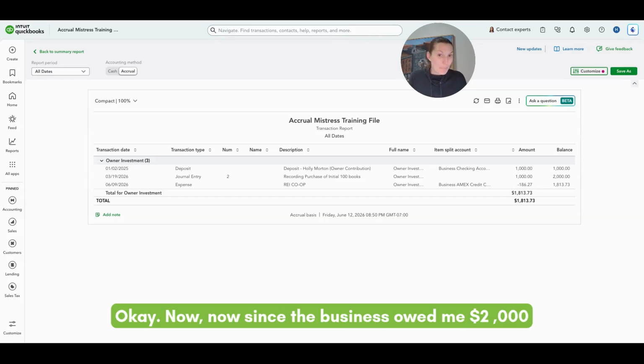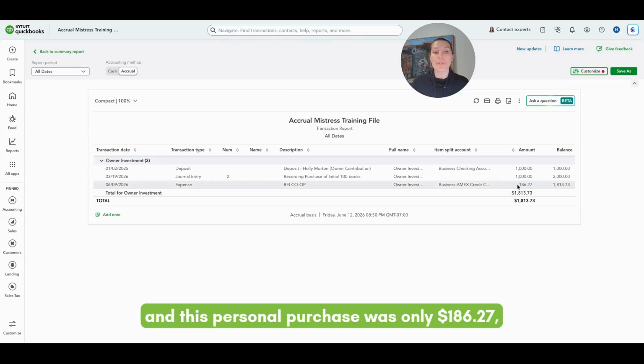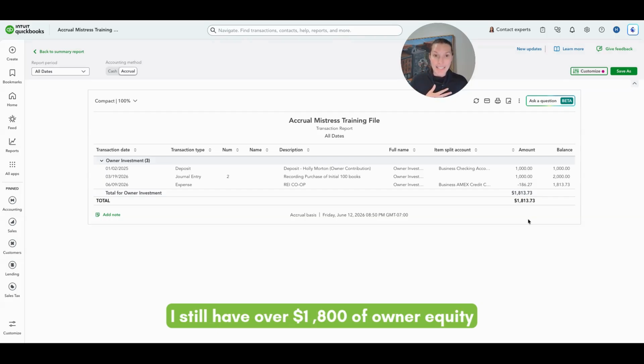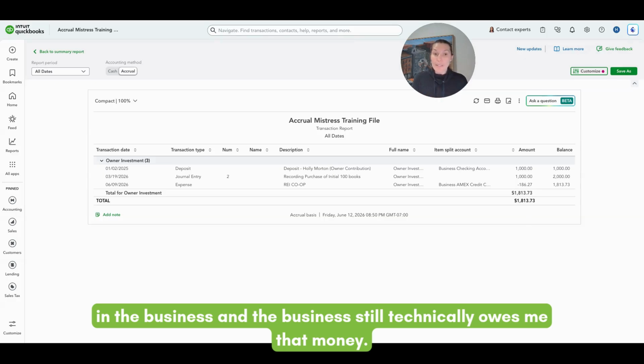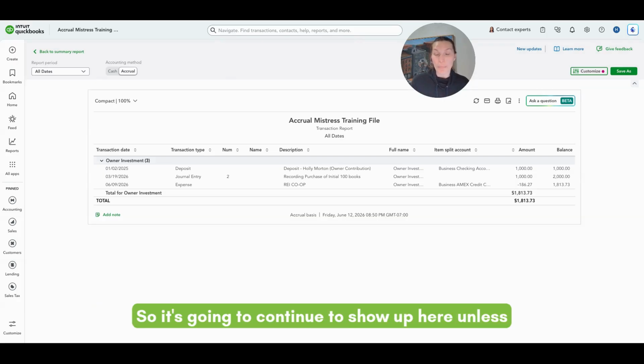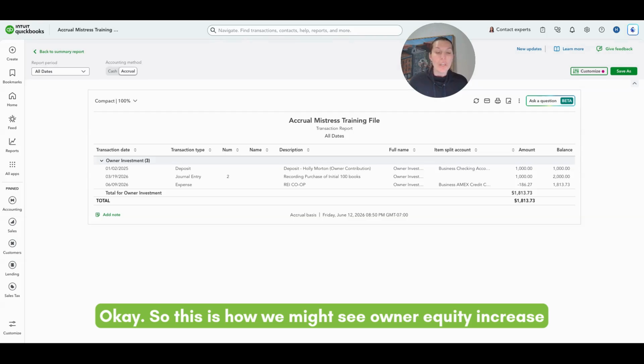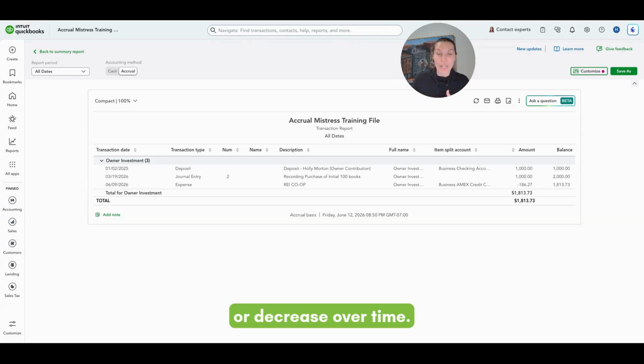Okay, now since the business owed me $2,000 and this personal purchase was only $186.27, I still have over $1,800 of owner equity in the business, and the business still technically owes me that money, so it's going to continue to show up here unless and until I initiate a transfer to pay myself back. Okay, so this is how we might see owner equity increase or decrease over time.